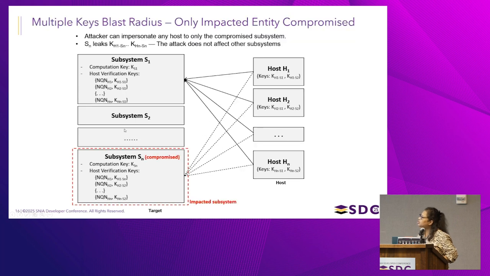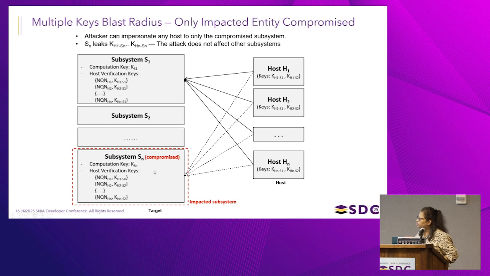So what happens if an attacker comes and attacks SN? Even if SN is compromised, the attacker will only gain access to the keys that SN has, and SN will have only the keys of every host pertaining to that subsystem. Every host, as I said, will have a KH1S1, host 2 will have a KH2S1, and so on.